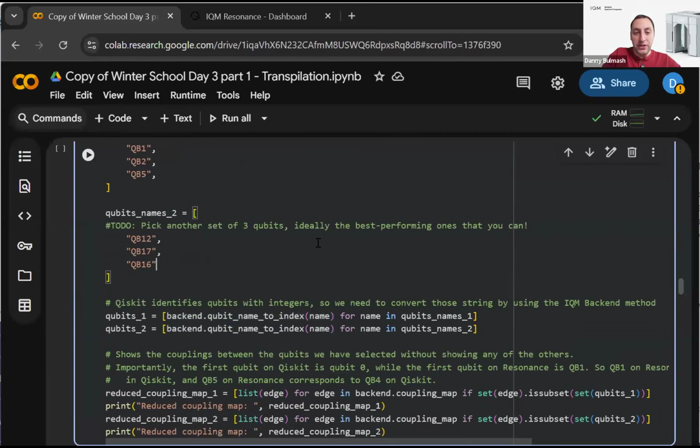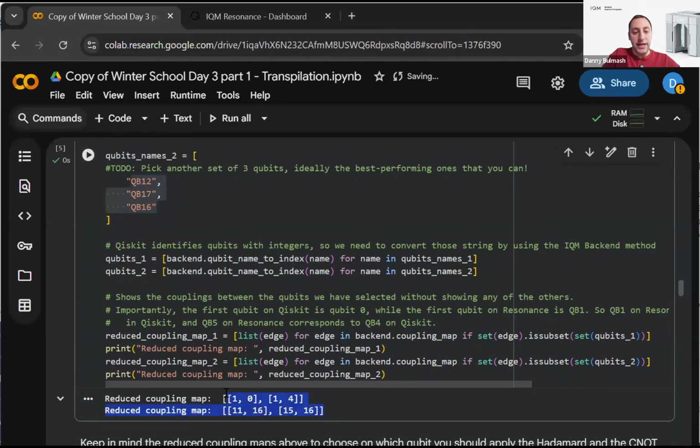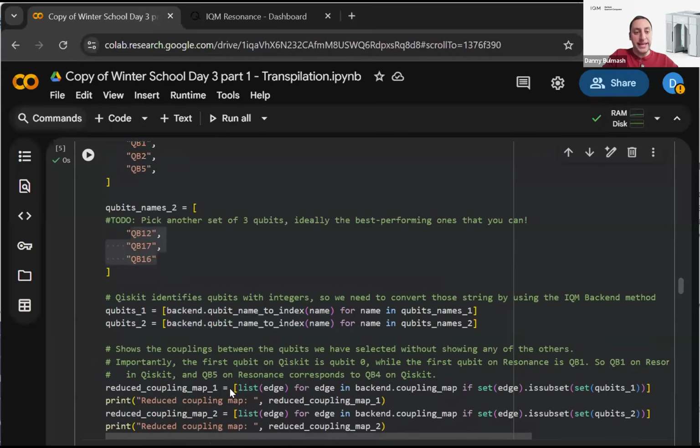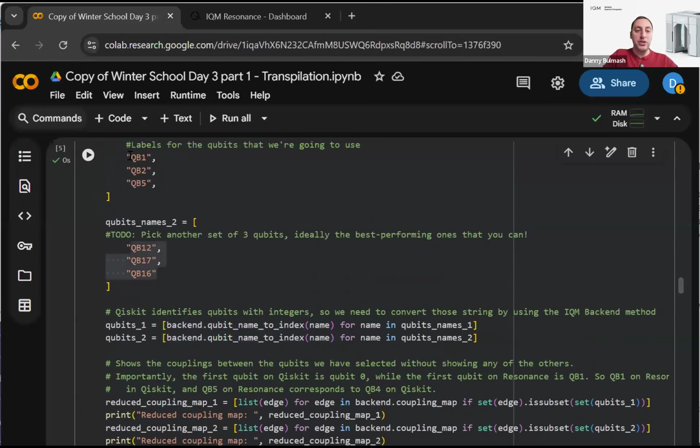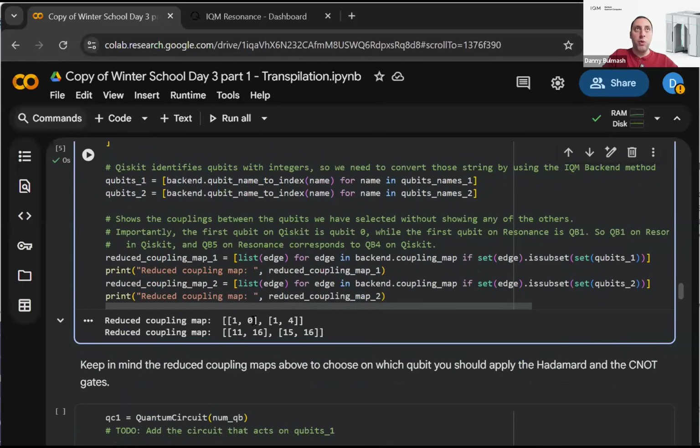All right, so we've now picked our 3 qubits that we want to work on. When I run this cell, the output tells us which qubits are coupled. In particular, for qubits 1, 2, and 5, we saw on Garnet that qubits 1 and 2 were coupled, and qubits 2 and 5 were coupled.